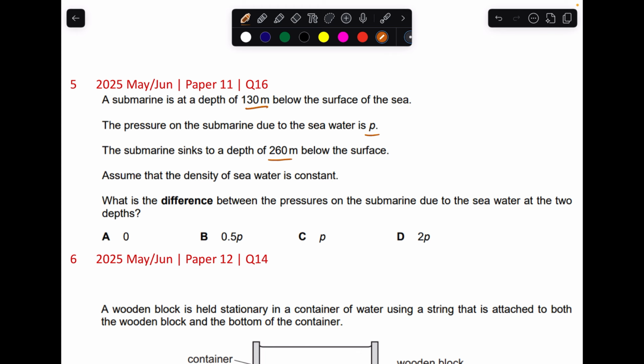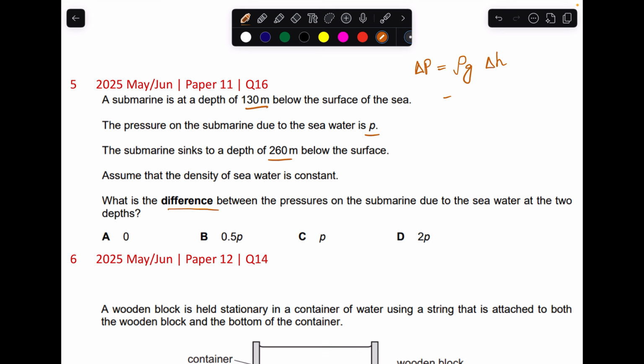Assume the density is the same. What is the difference between the pressure on the submarine due to the seawater at the two depths? The difference in pressure is basically density times g times the difference in depth, simply, because density and g both are constant.